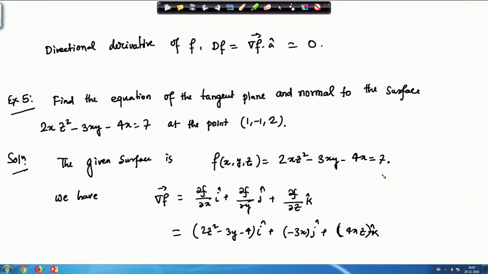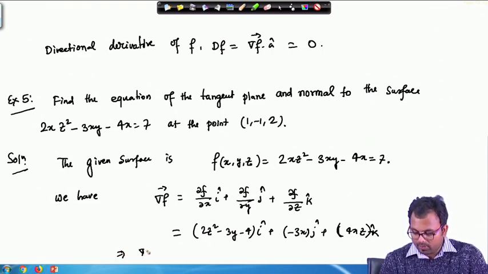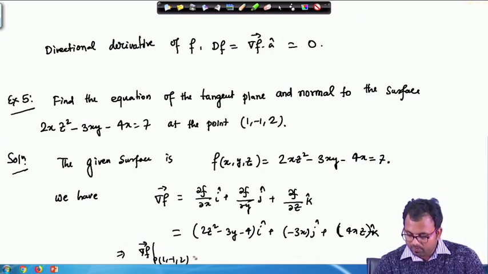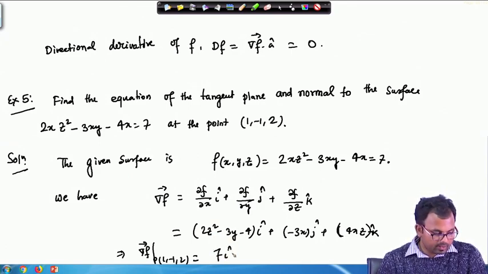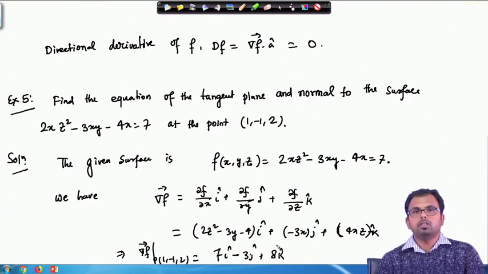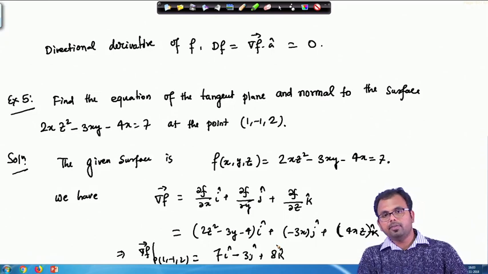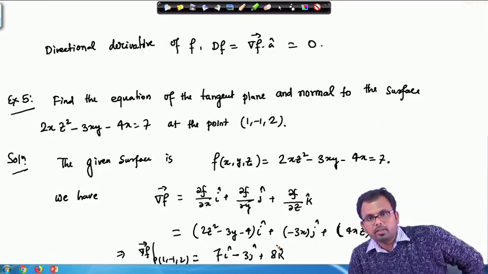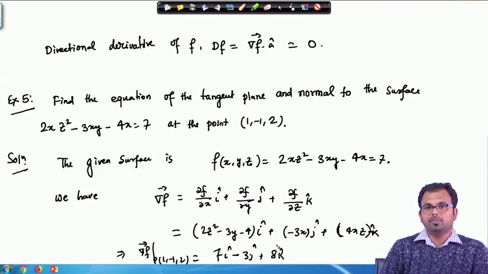So, basically this gradient will act as a normal for the given function f, and gradient of f at the point P(1, minus 1, 2), we substitute the values here, and ultimately we obtain 7i minus 3j plus 8k. So, this is the required normal for the function f at the point 1, minus 1 and 2, all right. But calculating the tangent plane is a little bit time taking.